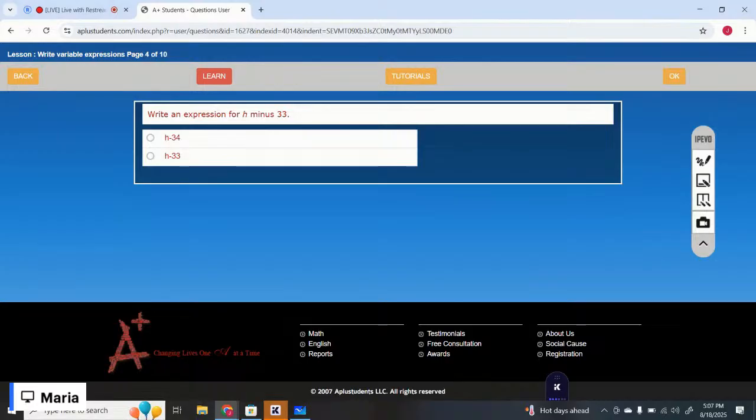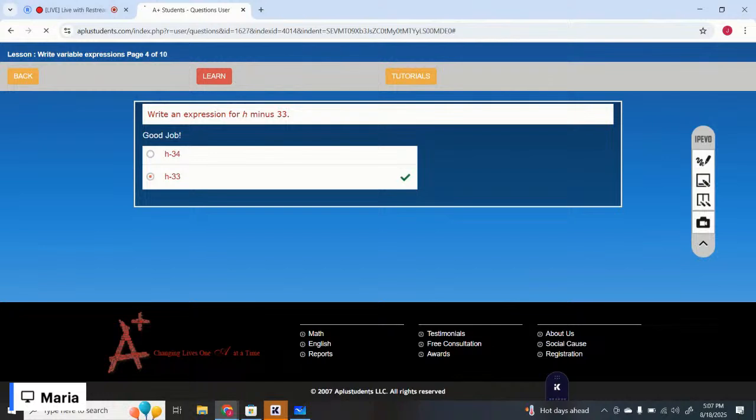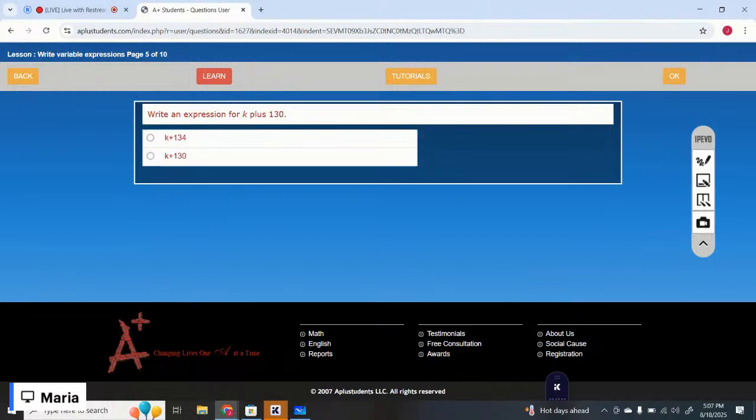Write an expression for h minus 33. Option number 2 is the correct option. Write an expression for k plus 130.